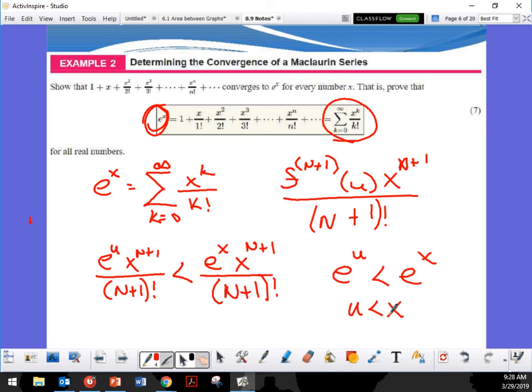So in this case right here, I now have that for every u, it's going to be less than x. So it is going to be convergent for all real numbers. Now, the proof sucks.